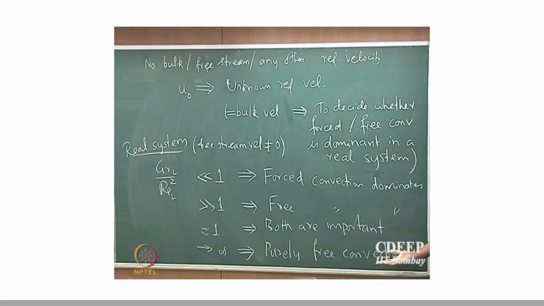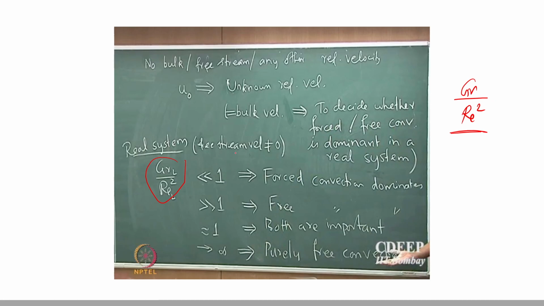These are the slides from the class, whereby in order to quantify whether a given system is under forced convection or free convection, we can calculate this value, that is the Grashof number upon the square of the Reynolds number. If that value is less than 1, we can say that forced convection dominates.